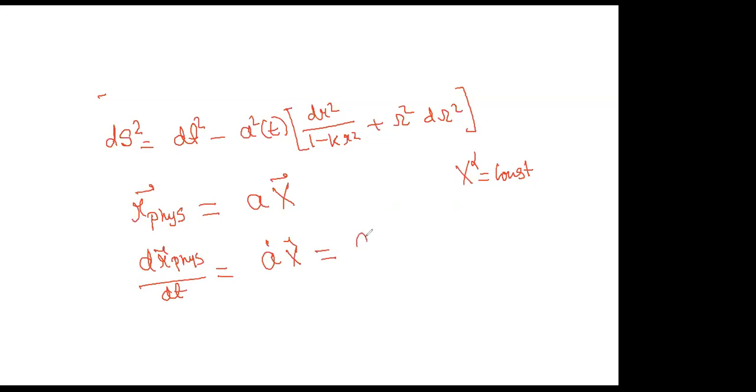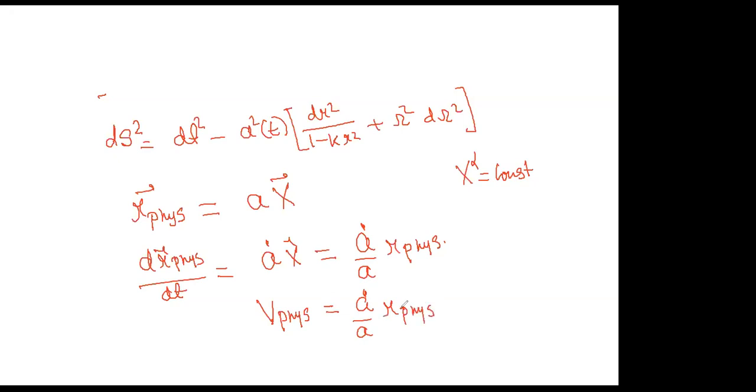So what I have is a dot by a into r physical. So the velocity with which these two galaxies are going away from each other is a dot by a into r physical.